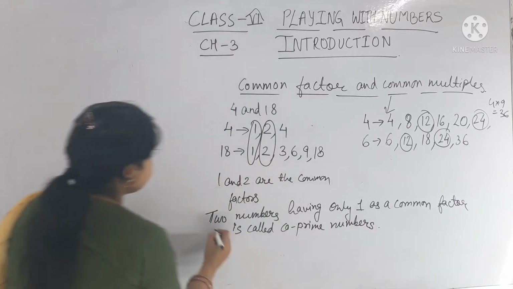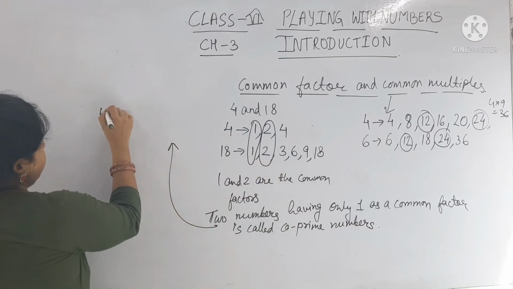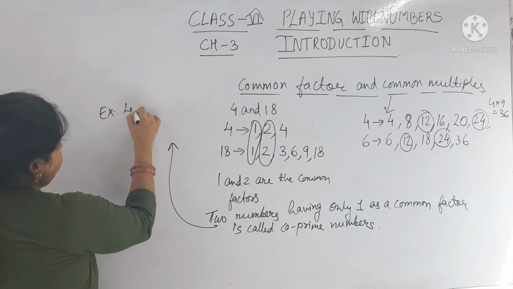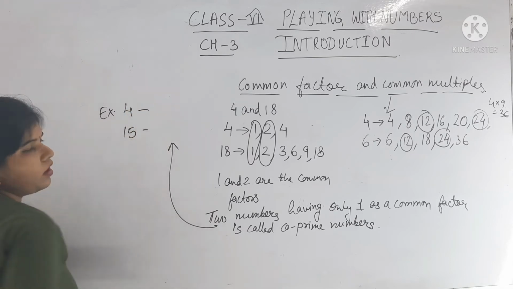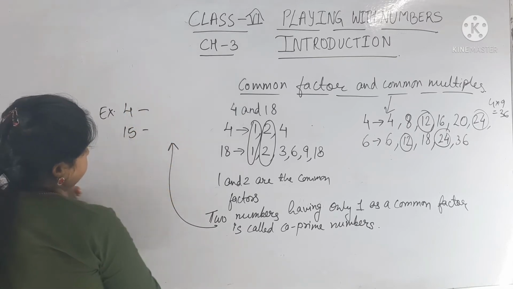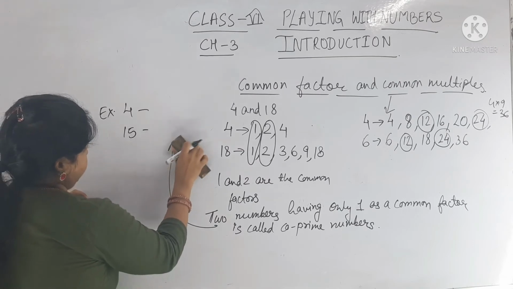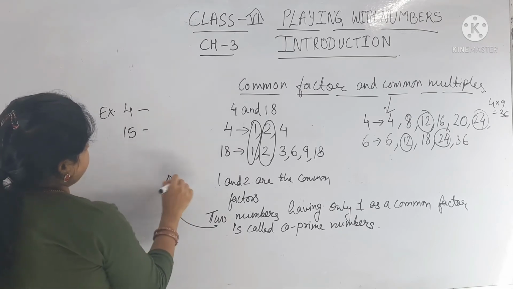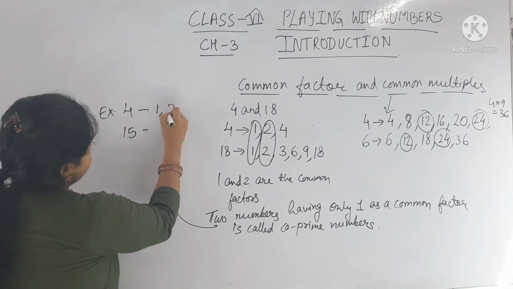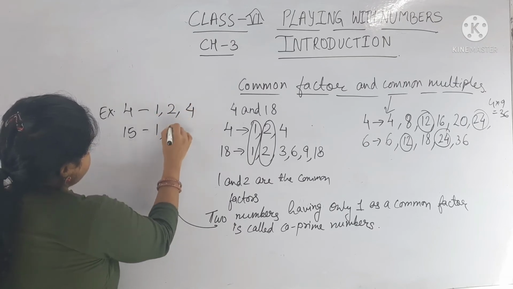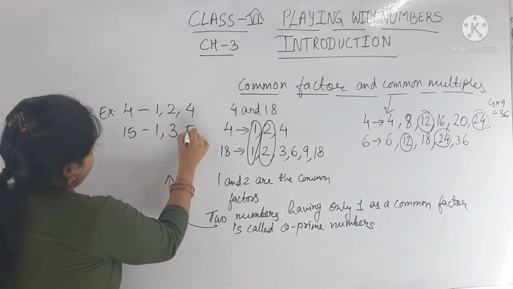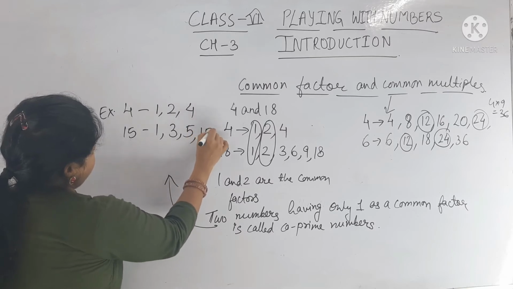I am writing an example for this. Let's see 4 and 15. For 4 the factors are 1, 2, 4. For 15 they are 1, 3, 5, 15.